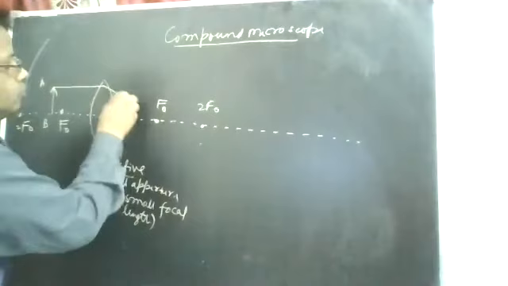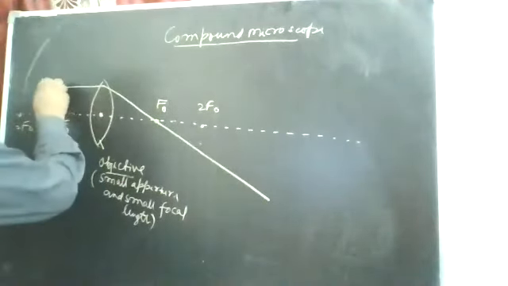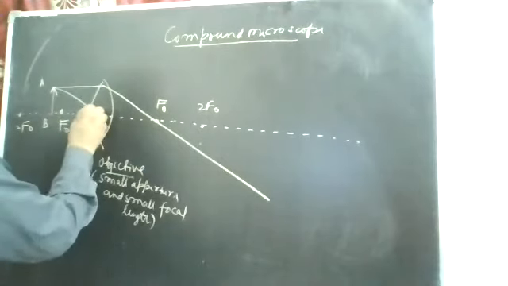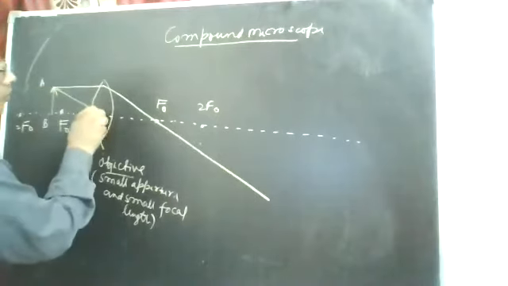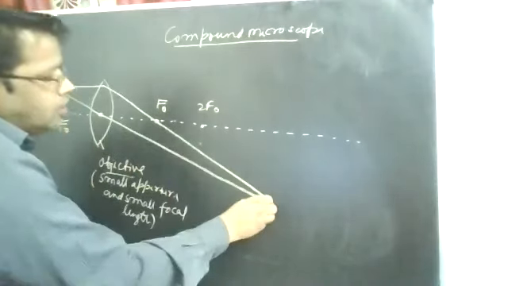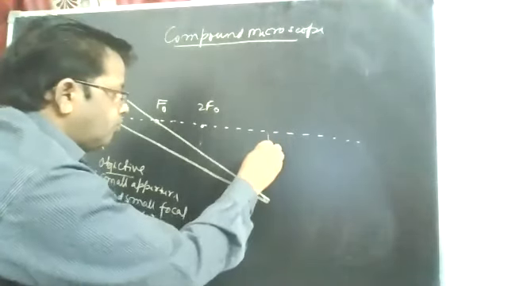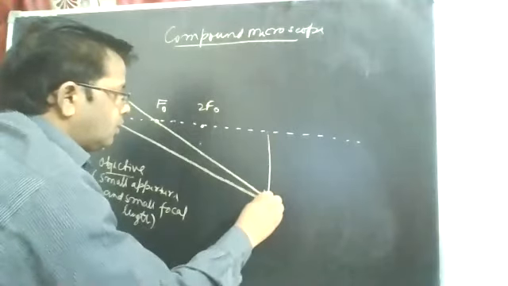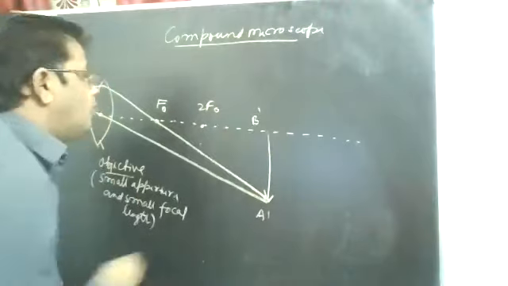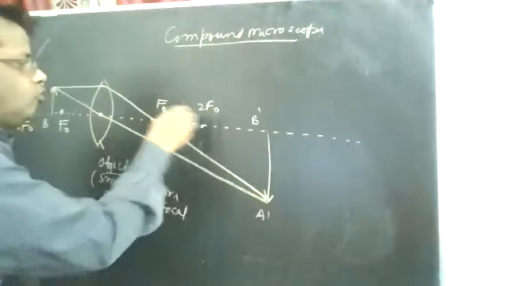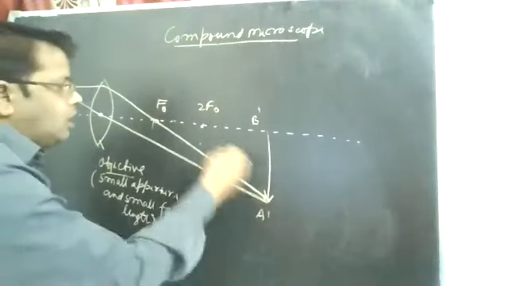The ray passing through the center will not deviate, and it will cut here. Now the image forms here, A dash B dash, beyond 2FO, behind the lens. This is a real image.